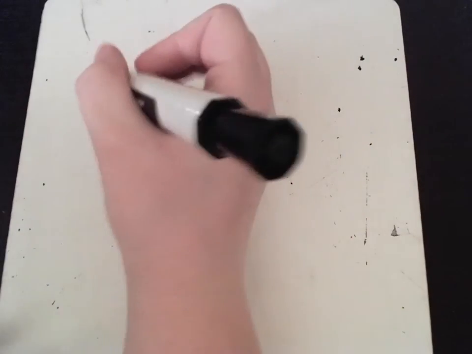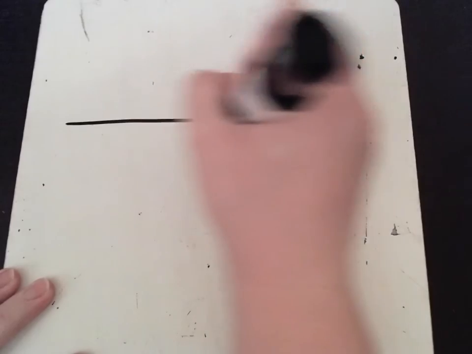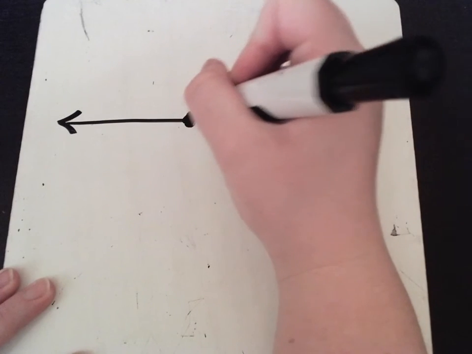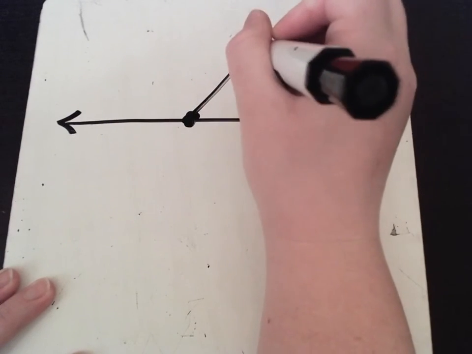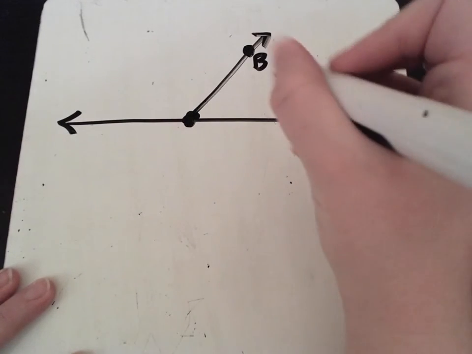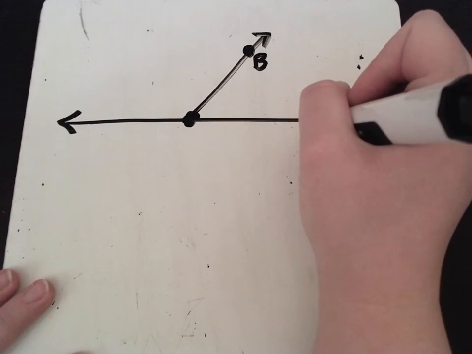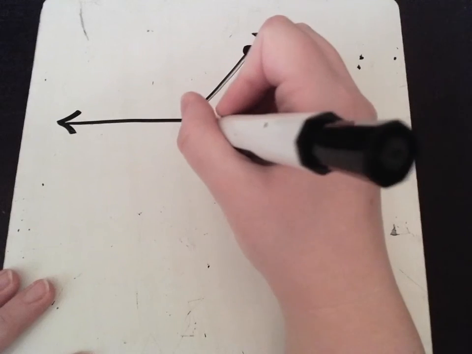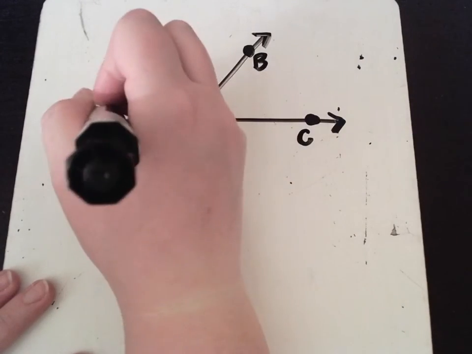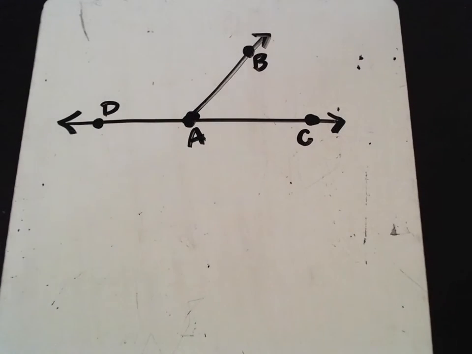And now there's a couple more things I want to show you for vocabulary. Sometimes you're going to see things that look like this. You're going to have a line going this way. You're going to have a ray coming out of this line going like this. I'm going to label a few points here just so you can see. So you're going to see diagrams like this.